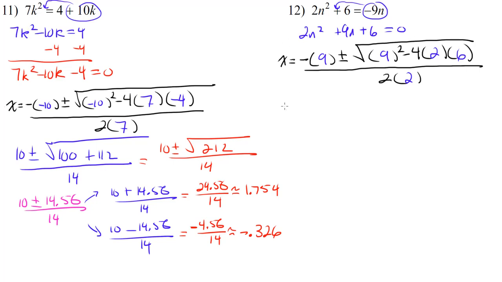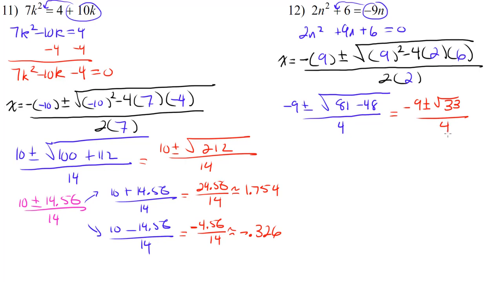So we have negative 9 plus or minus 9 squared is 81, and negative 4 times 2 is negative 8 times 6 is negative 48. 2 times 2 is 4. Now 81 minus 48 is 33, so negative 9 plus or minus radical 33 divided by 4.